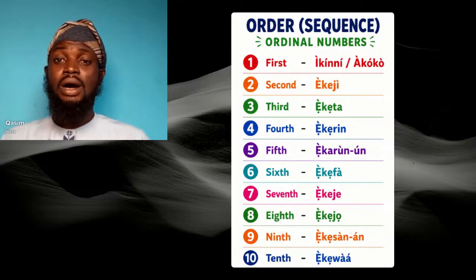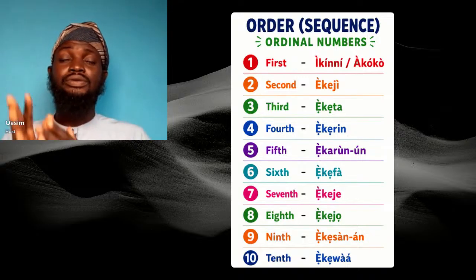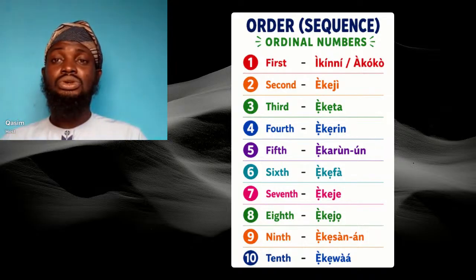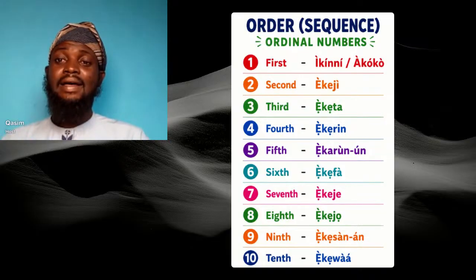And 10th is ẹ̀kẹwàá. So from first to 10th is going to be ìkíní, èkejì, ẹ̀kẹta, ẹ̀kẹrin, ẹ̀karùn-ún, ẹ̀kẹfà, ẹ̀keje, ẹ̀kẹjọ, ẹ̀kẹsàn, ẹ̀kẹwàá.